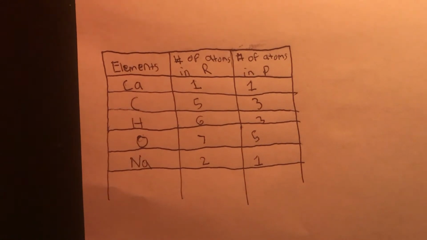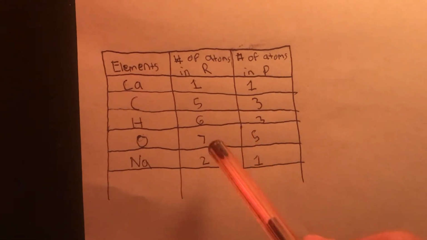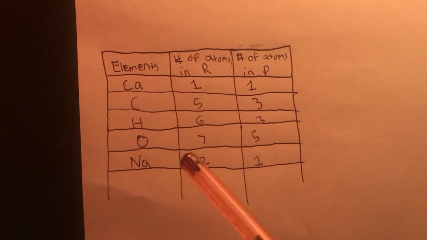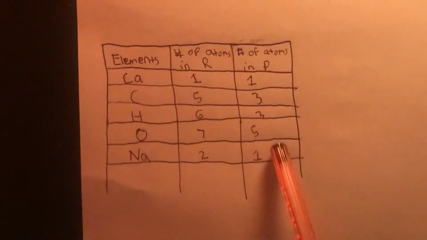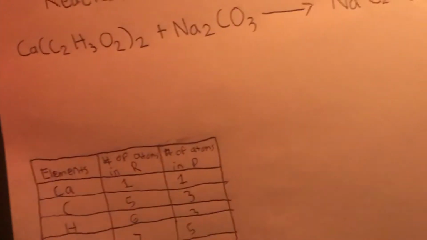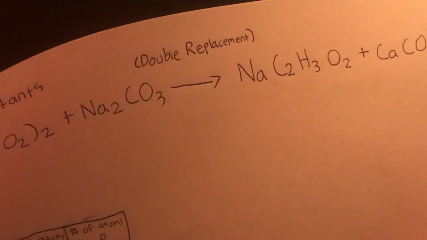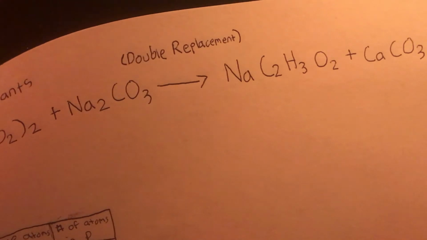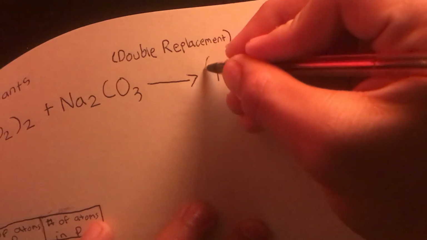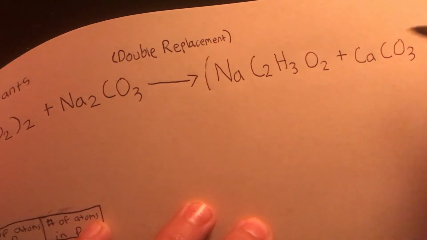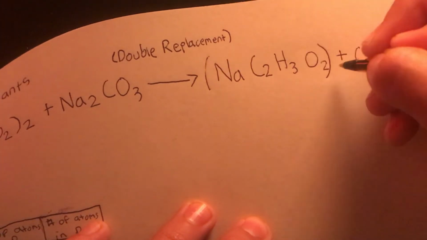And we find that it's a pretty uneven chemical equation. Now to balance it, we find the highest number, which is 7 oxygen atoms on the reactant side. And in order to make that equal to the product side, we can do that by taking the sodium acetate and multiplying that by 2.